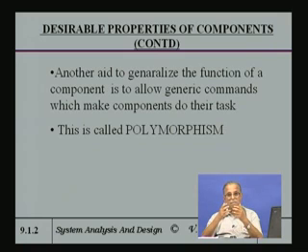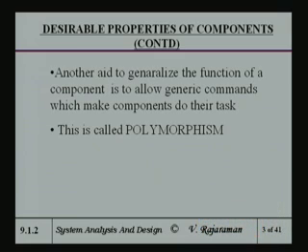So suppose the admission process is a component which is general enough to cater to either of these two: when you give admit in a hospital context, you should be able to use appropriate methods, and if you give admit in the case of a college, you must use the appropriate methods. So that is what is meant by generalization. This is called polymorphism. In other words, it is able to have different avatars for different purposes.